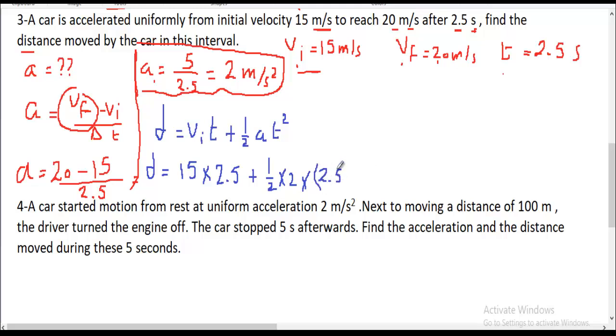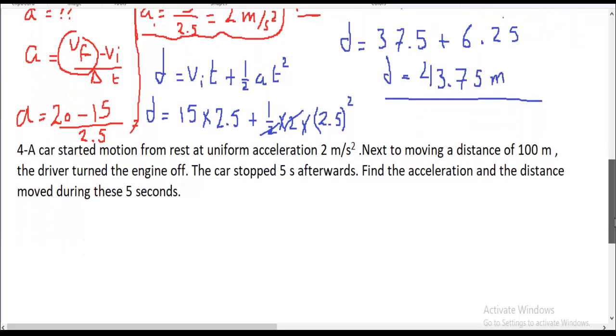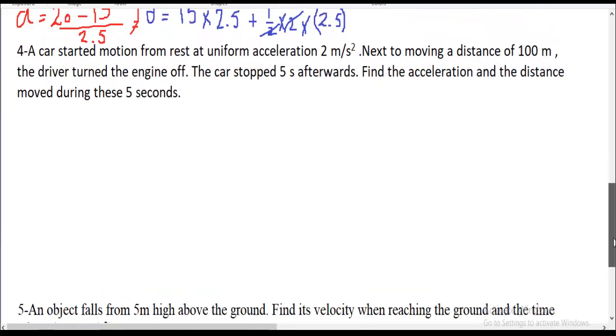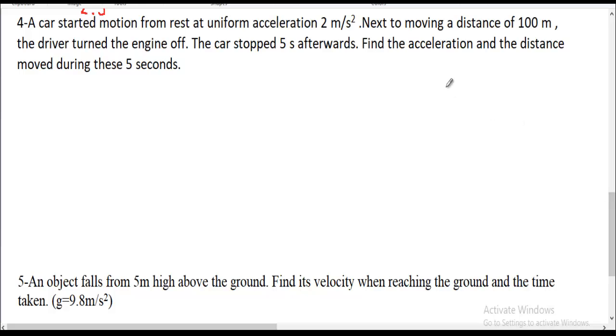The 2 will cancel with the half, so you have 15 times 2.5 plus 2.5 squared, which gives 43.75 meters. So this is the final answer. You can try using the third equation and write your answer. Please don't forget to write the unit after any answer. After each answer, you have to write the unit.